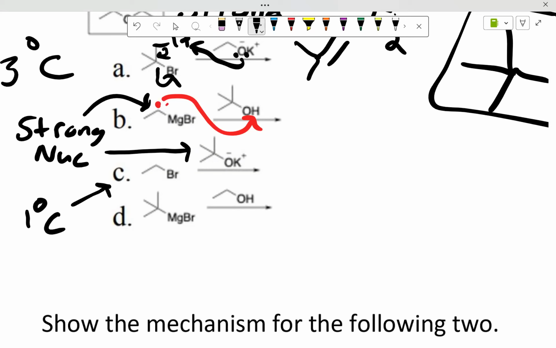If you remember, primary carbons almost exclusively do SN2, and we have a strong nucleophile that wants to do SN2 or E2. Because it's primary, it's going to be SN2. So it's going to be C in this case.